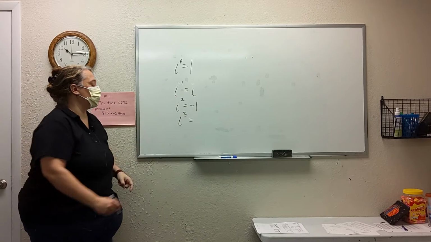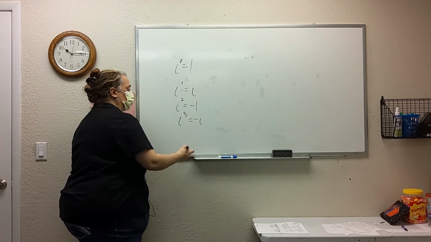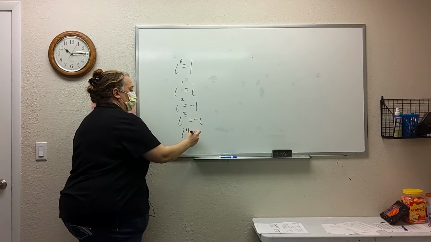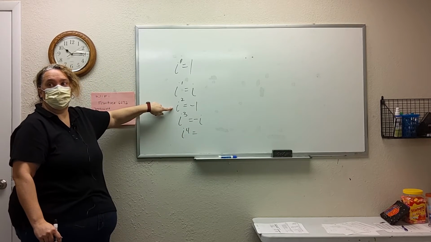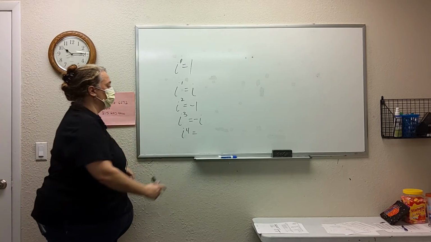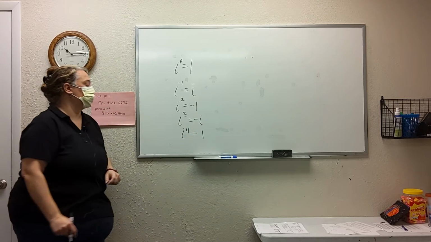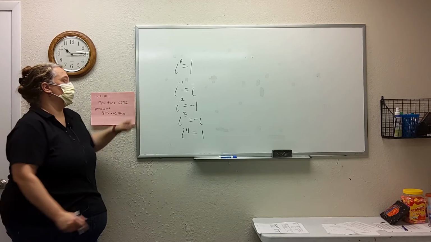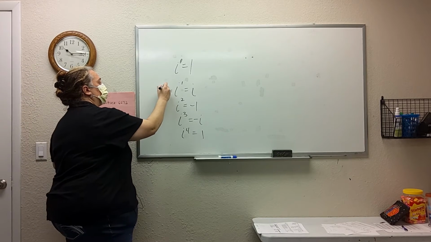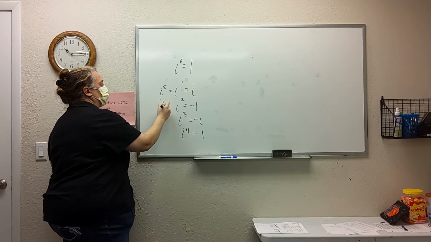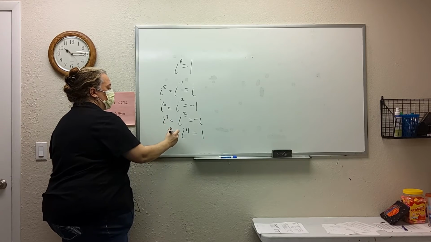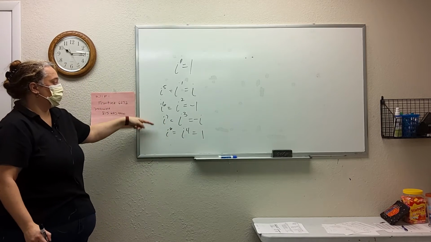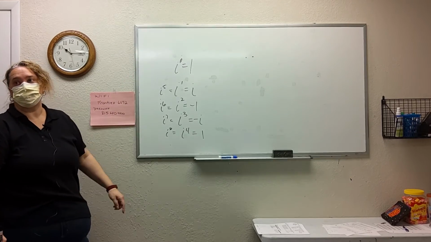So i times negative 1 would be negative i. i to the fourth, that's 4 i's, so that's going to be i squared twice. Negative 1 times negative 1 is positive 1. And then this pattern repeats. This will be the same as i to the fifth, i to the sixth, i to the seventh, i to the eighth, and on and on. 9, 10, 11, 12, etc. It just jumps back and forth.